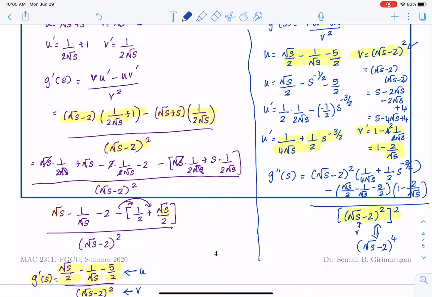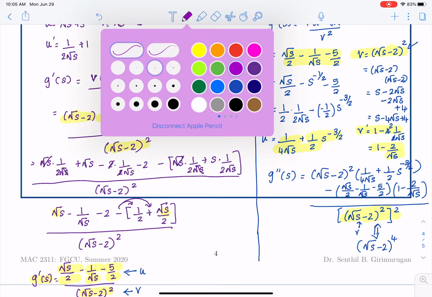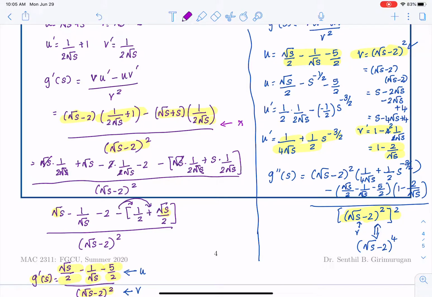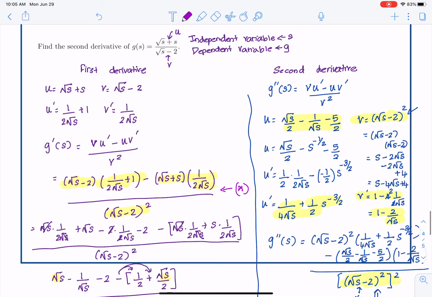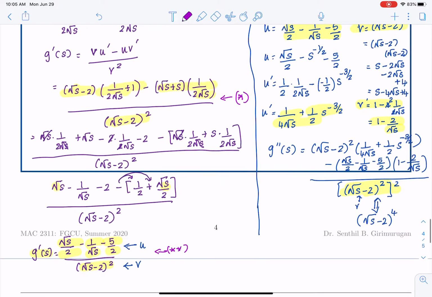A key lesson to learn here is to simplify at this step. And if you thought that finding the second derivative the way we did is complicated, it would have been 10 times harder if I didn't simplify the first derivative to that form. Certainly, this was a complicated and challenging problem.